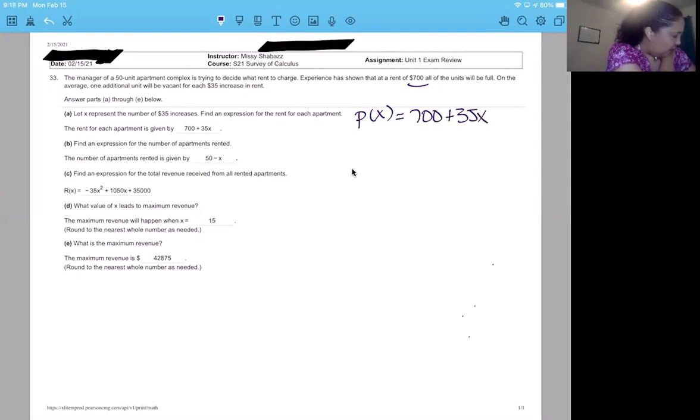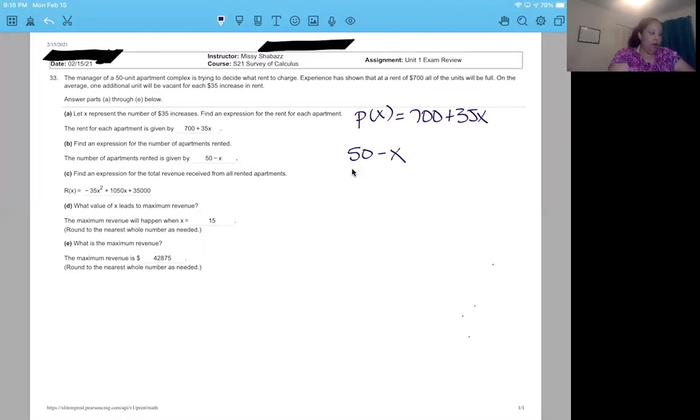Now part B says find an expression for the number of apartments rented. Well, there's 50, and then however many additional ones we subtract off, right? Because for each vacant one, it increases $35. So we have 50 minus x, 50 minus the number of units that are vacant.